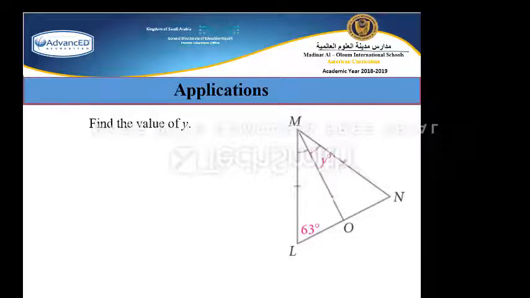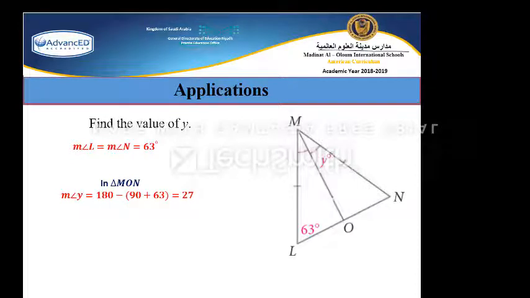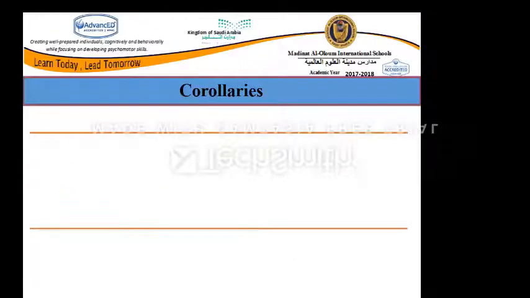Then the base angles are congruent, so the measure of angle L equals the measure of angle N, equal to 63. Then by looking at the triangle MON, the measure of angle Y equals 180 minus the sum of the other two angles. Then the measure of angle Y equals 27 degrees.